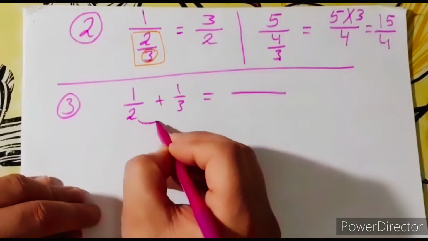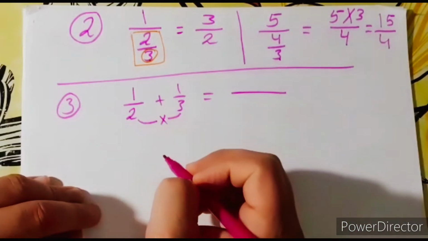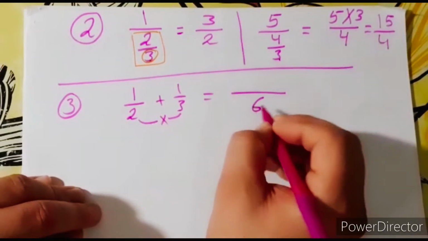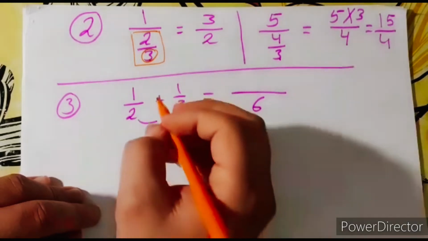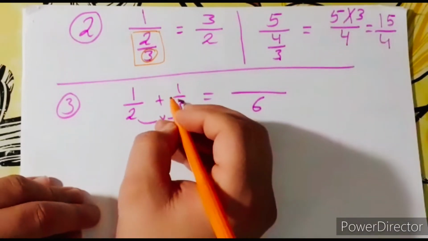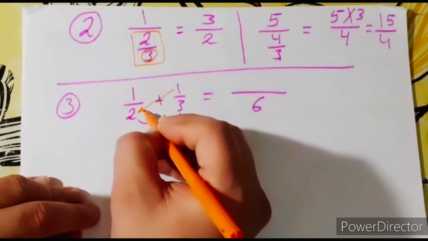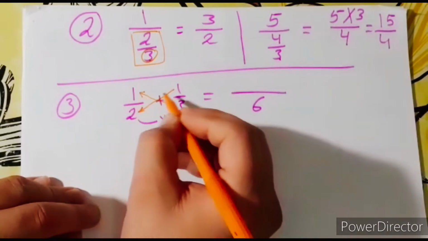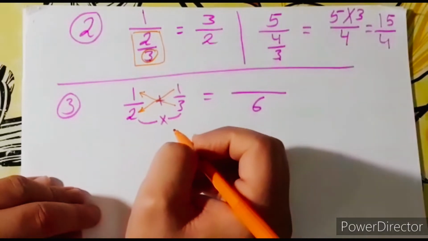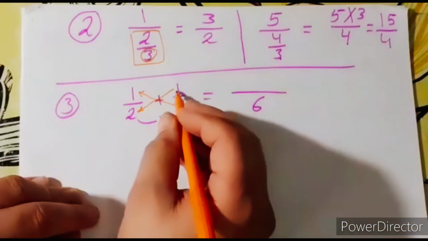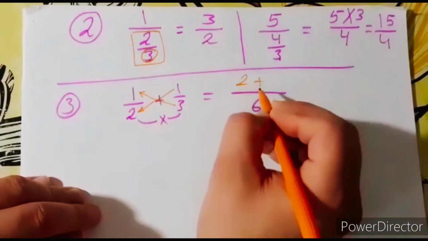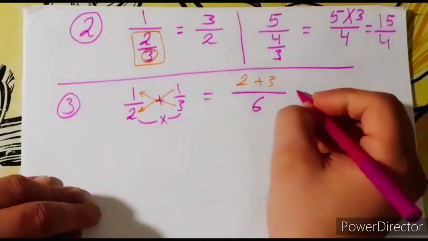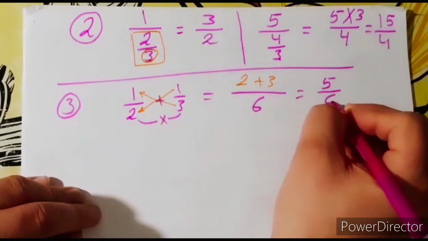Number 1, multiply the two denominators: 2 by 3 equals 6. Then do the cross multiplication: 2 times 1 equals 2, plus 1 times 3 equals 3. So the result equals 5 over 6.